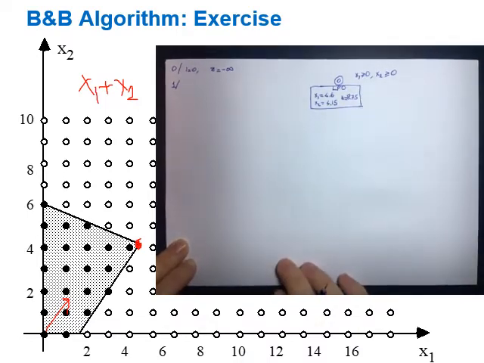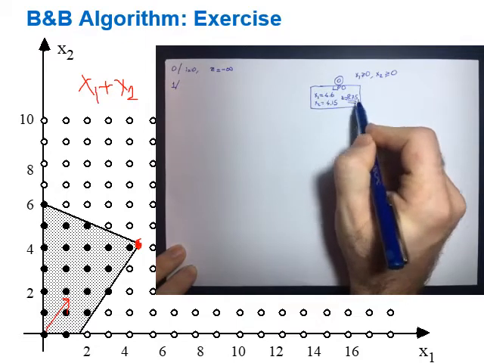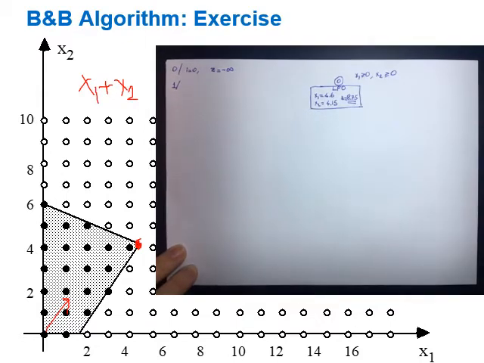Okay. Now, according to the algorithm, it says that try to fathom this branch. Question: can we fathom this branch? There are three reasons for fathoming. The first reason is that the objective function value that you obtained here, which is 8.75, is worse than your lower bound.